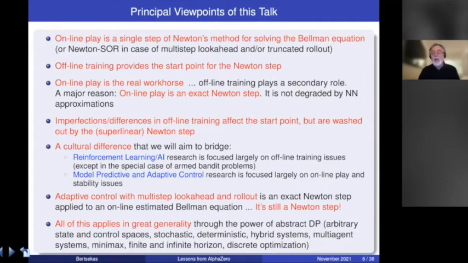Dynamic programming is a very, very general methodology, and abstract dynamic programming captures this generality. And because everything I'm going to talk about is couched on the abstract dynamic programming framework, it has very broad applications.